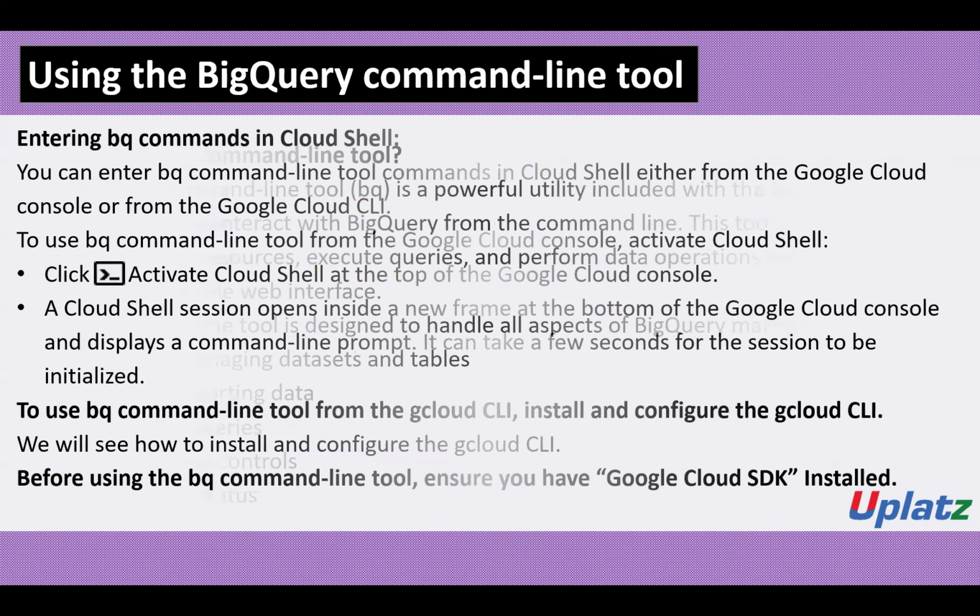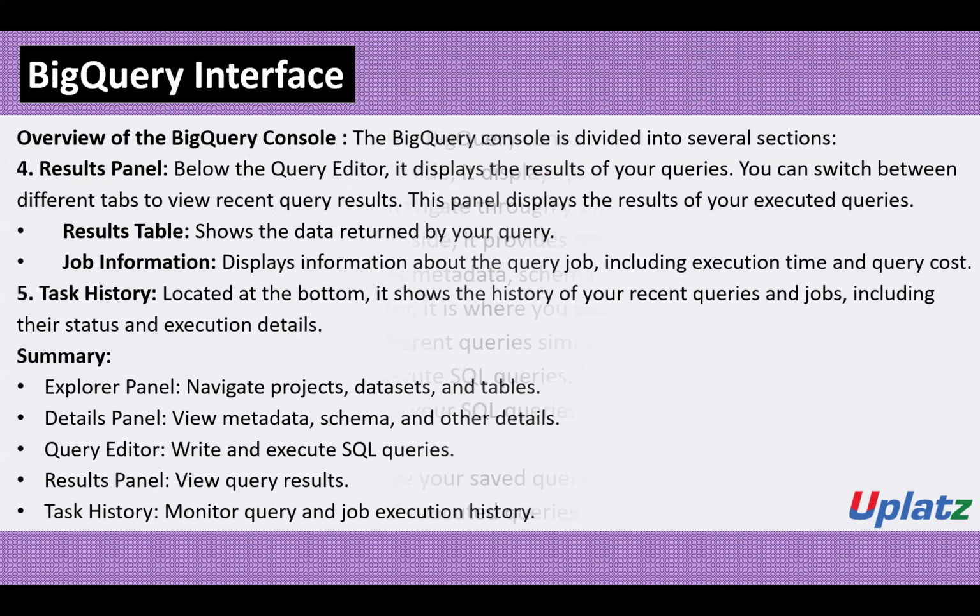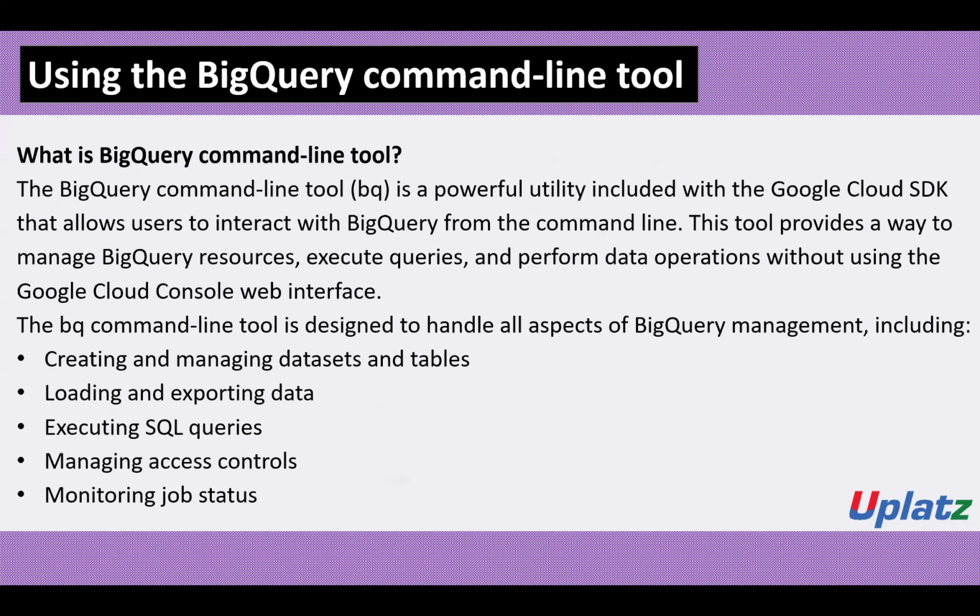Remember this one. The BigQuery command line tool is a powerful utility included with the Google Cloud SDK, which allows the user to interact with BigQuery from the command line. You can see here we have opened the Google Cloud SDK shell, and from that we are directly interacting with BigQuery to create data, to create a table, to create a data set, and to access or retrieve the data from the table.